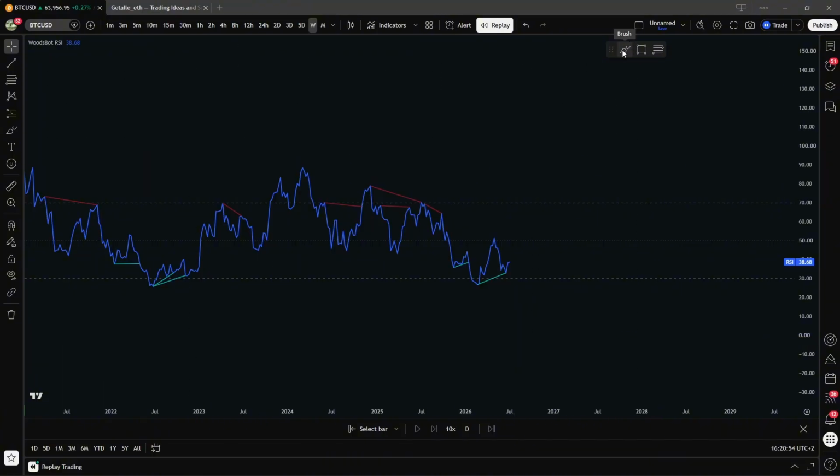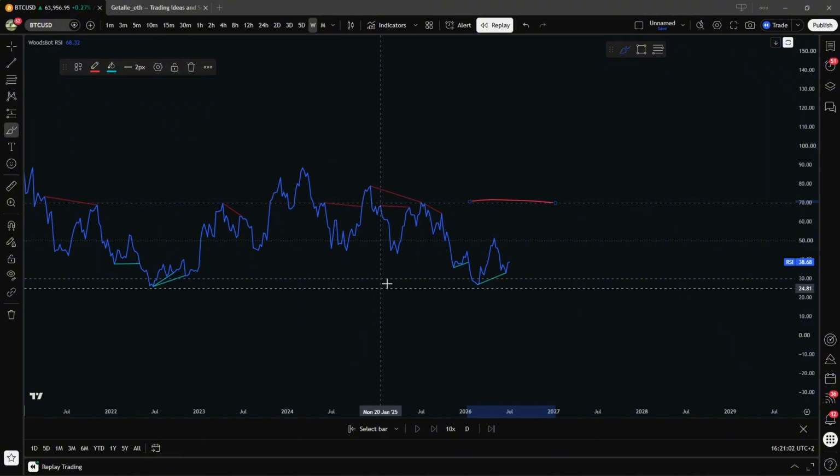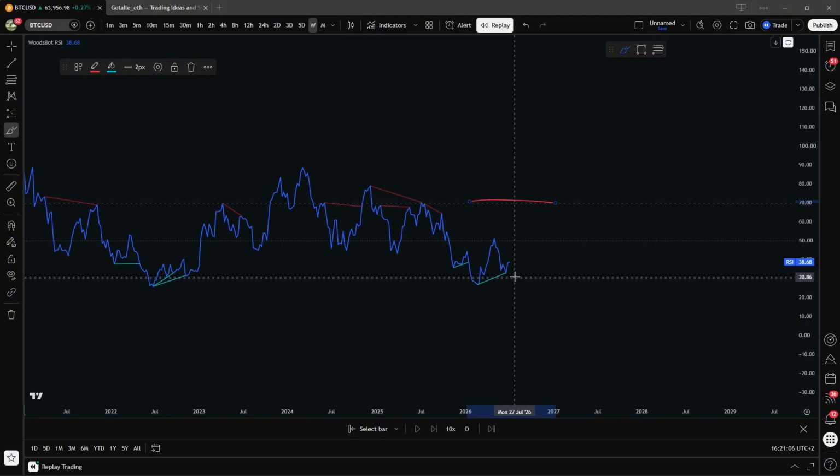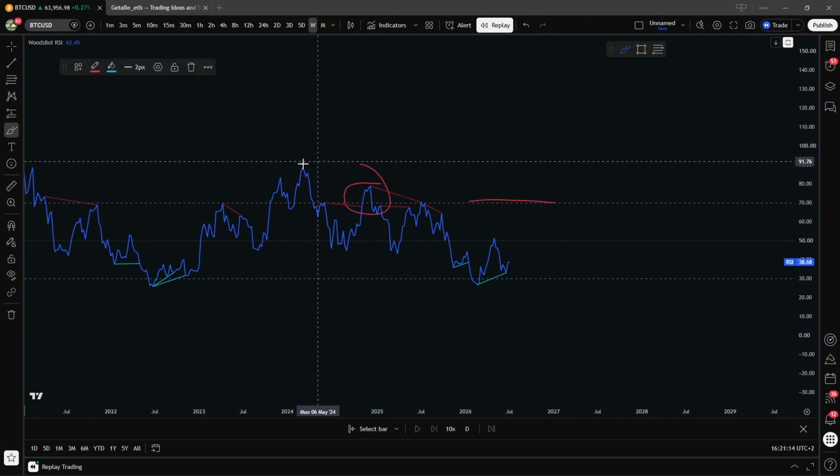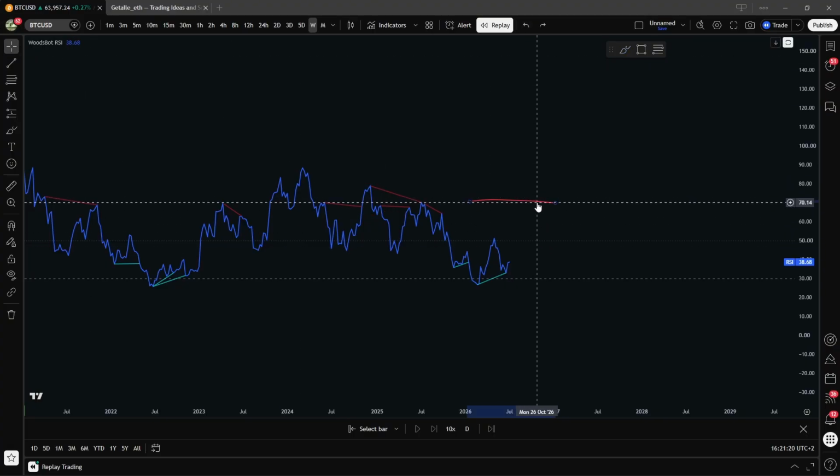So if the RSI is quote unquote overbought, it means the RSI is above this 70 mark. And the RSI is oversold if the RSI is below 30. We can see the RSI was oversold right here, and we can see the RSI was overbought right here and overbought right here, right? So this is all what overbought and oversold means.